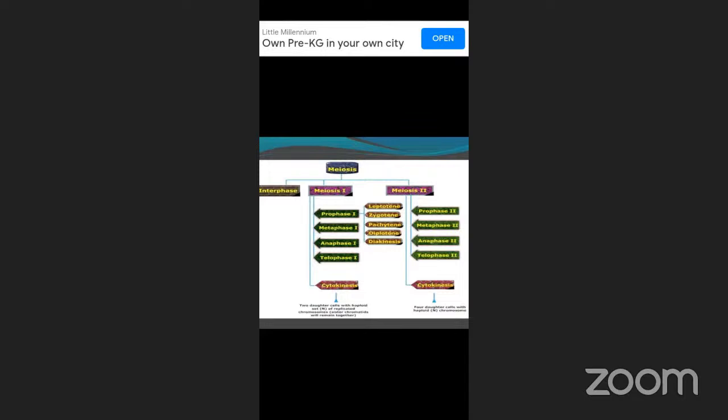In this stage, the nucleus is very distinct. The nucleus contains a set of chromosomes, one derived from the male and another from the female gametes. These are known as homologous chromosomes.